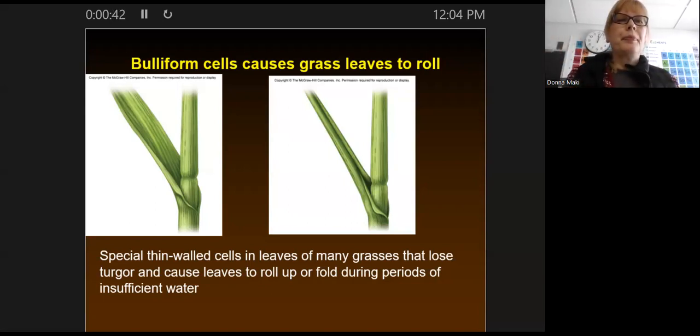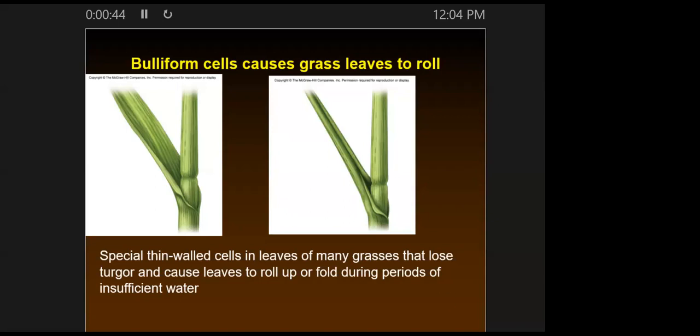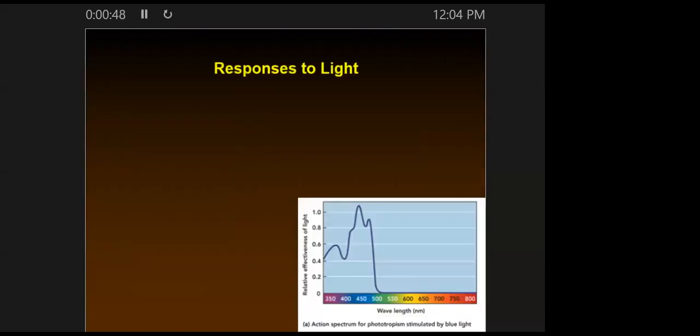The next topic I wanted to talk about is this idea that when plants are growing, they certainly are paying attention to how much light they're getting, so the intensity, but also the quality, which is also like the wavelength or the color of light that they're getting.